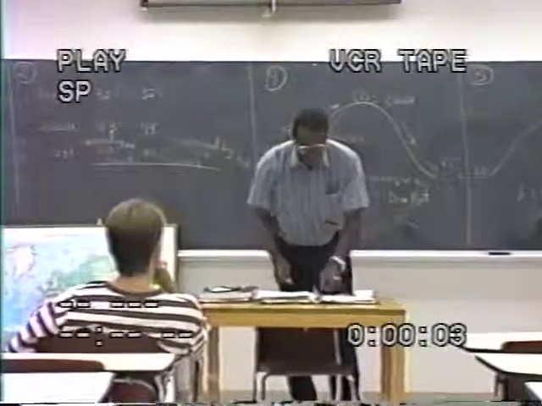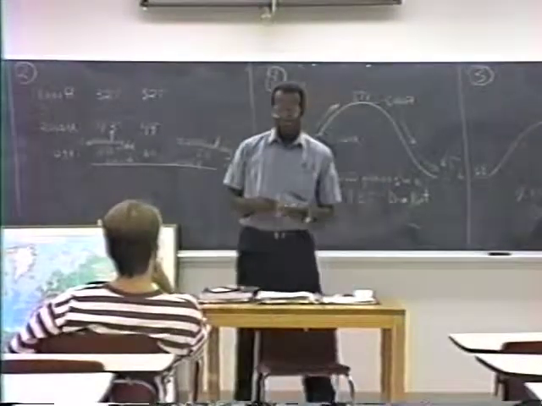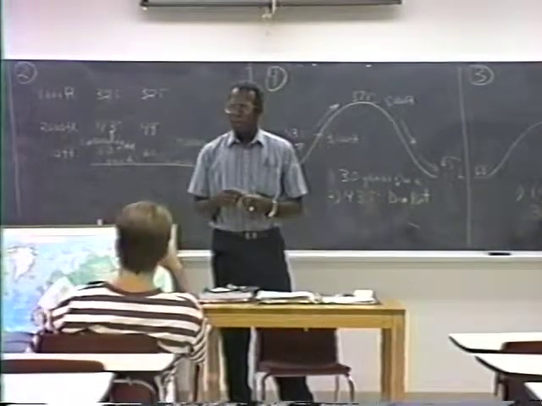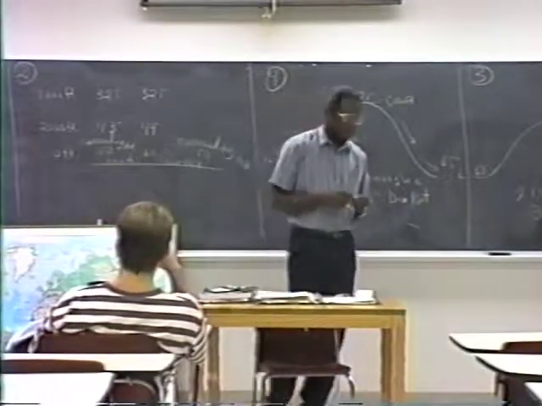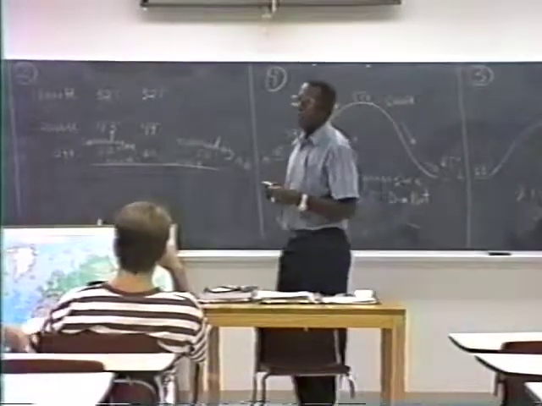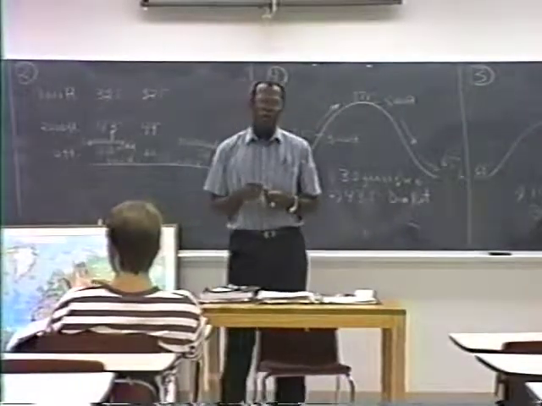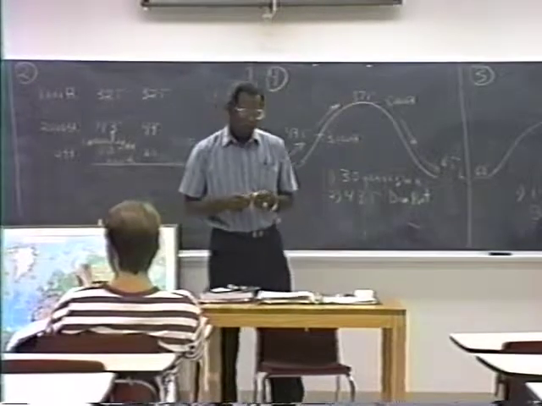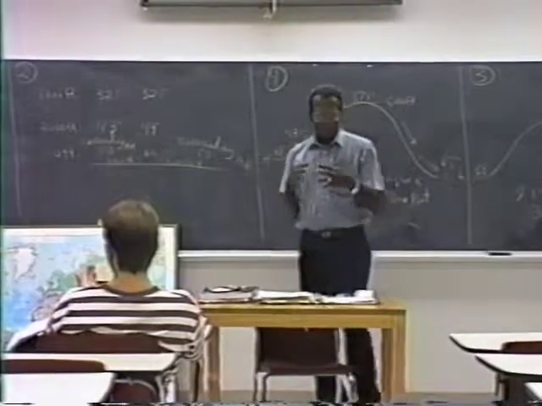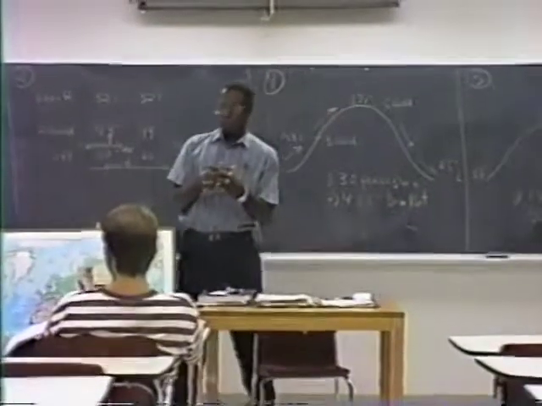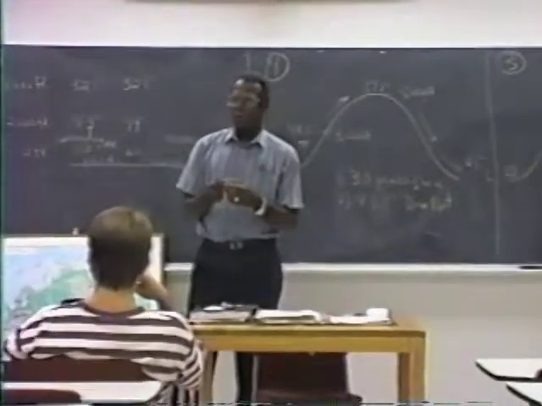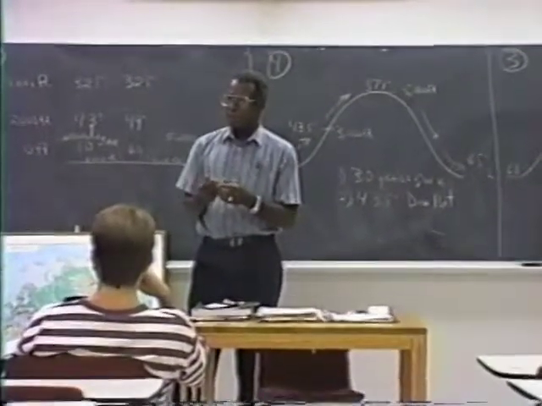Okay, we've been talking about the elements of weather, and to review very briefly, we discussed temperature initially, and then pressure and wind. And I mentioned the fact that it's extremely important that we integrate these elements, that is temperature, pressure, wind, and what we're going to talk about tonight, moisture.